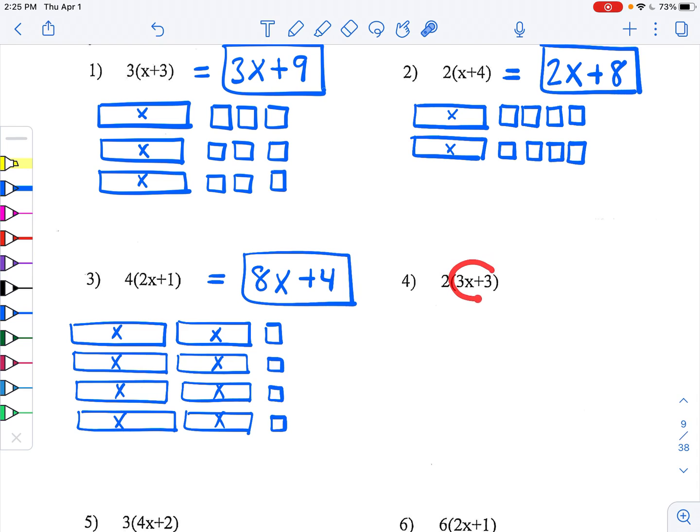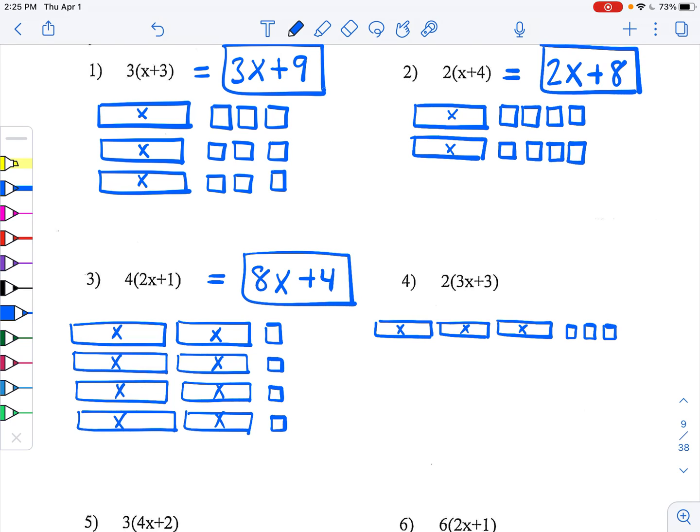All right, number 4. Let's look at what's in the parentheses, and it says 3x plus 3. So I have 3 x's plus 3. I'm going to draw them a little bit smaller. So here's my 3 x's, and then I'm going to have my 3 units right there.